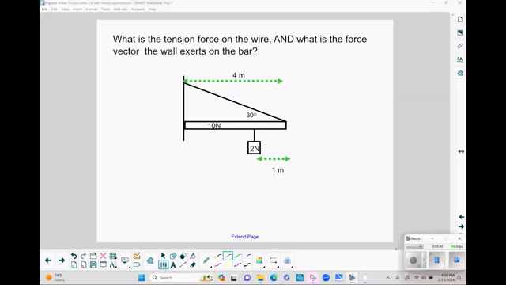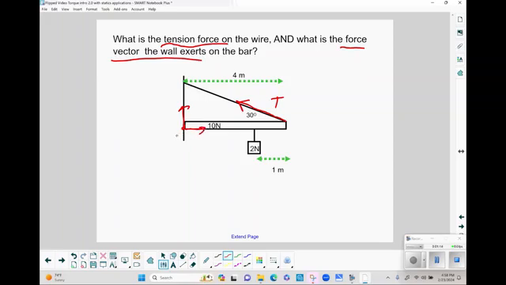On top of the uniqueness of the scenario, we're not being asked to find one thing. We're actually being asked to solve for several things, such as the tension force in the wire that's holding the edge of the beam level, as well as the force vector that the wall itself is exerting on the edge, because the wall must prevent this side from sliding, as well as prevent this edge from going through the wall.